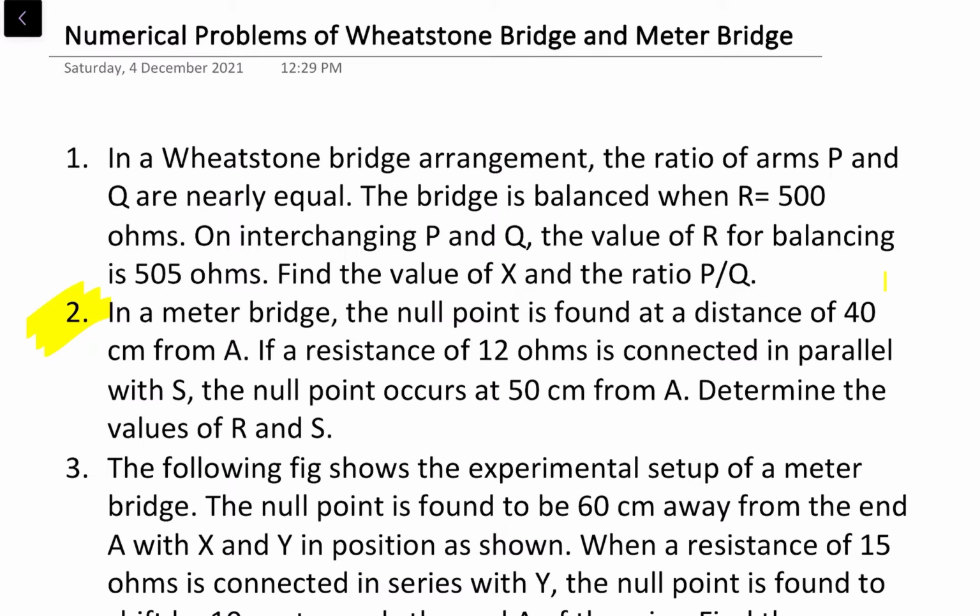Then the null point occurs at 50 centimeters from A. Then what is the value of R and what is the value of S? So that is our problem now.